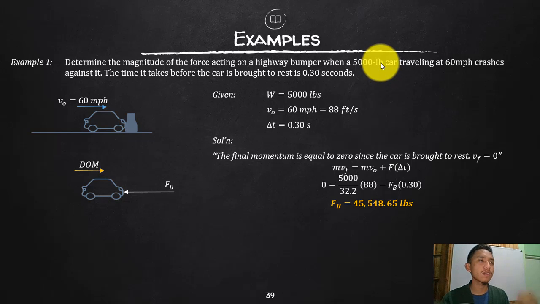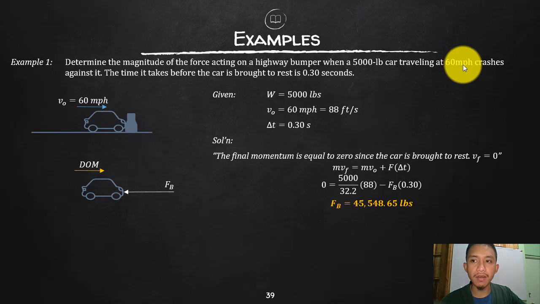But we are not using pound mass in solving technical problems; that is seldom used. What we are using is pound force, and the mass of a pound force is in slugs. So the 5,000 pound is the weight, traveling initially at 60 miles per hour and it crashes against the bumper.